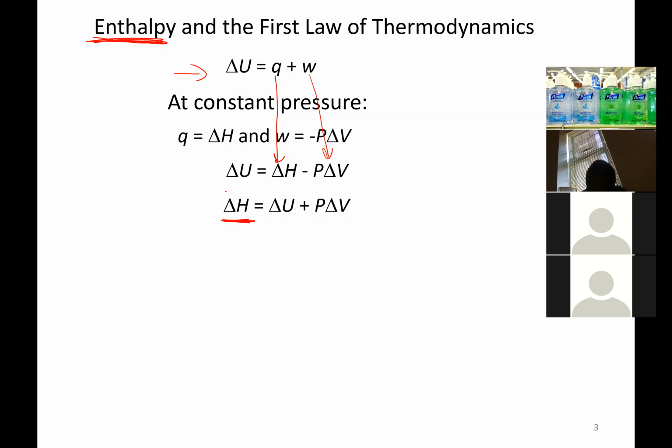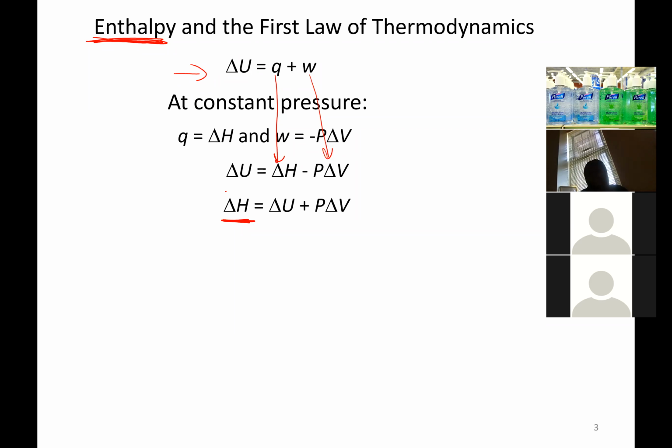And it's good news that enthalpy is a state function, because we can do certain calculations that we're going to do at the end of the class. For example, Hess's law bases itself on the fact that enthalpy is a state function. There are other variables that are state functions. For example, pressure is a state function.